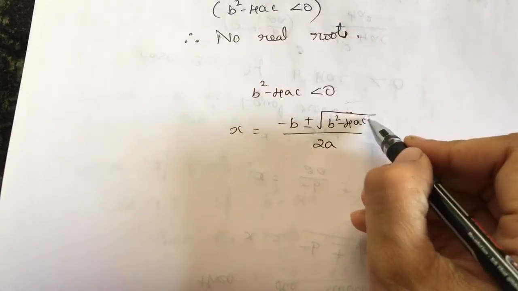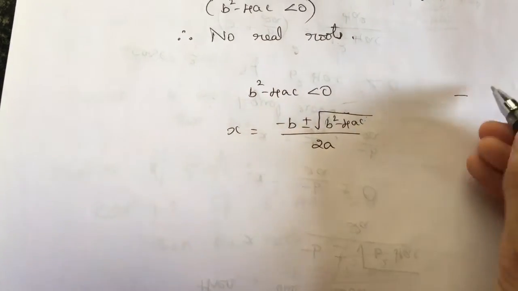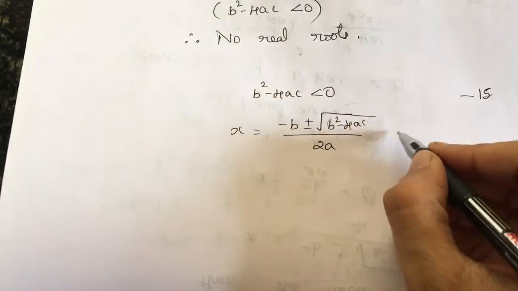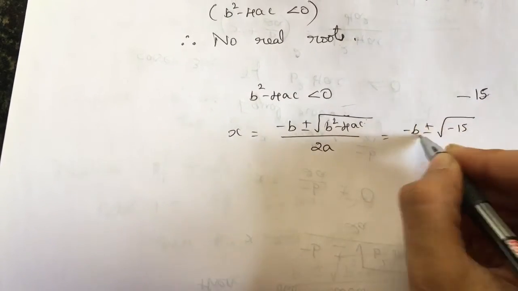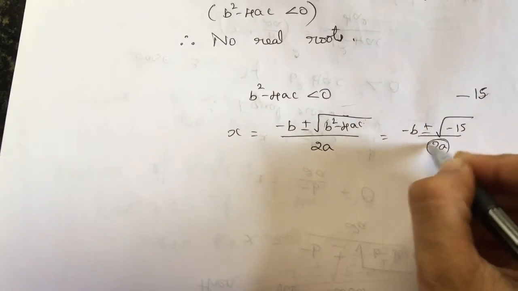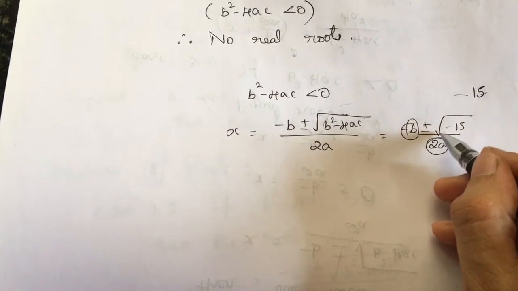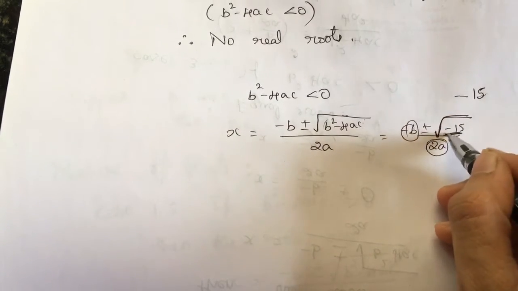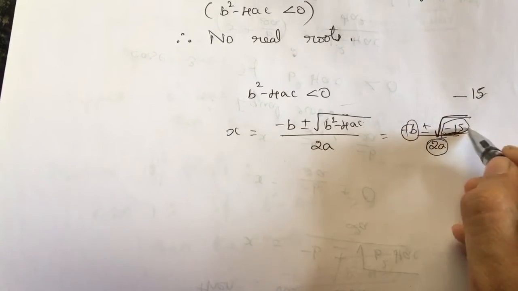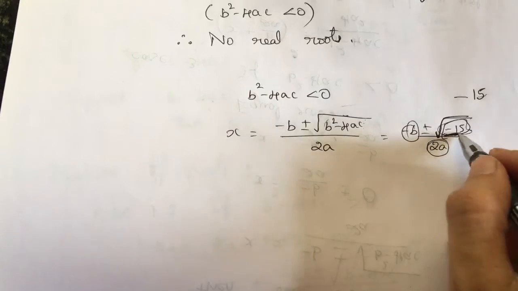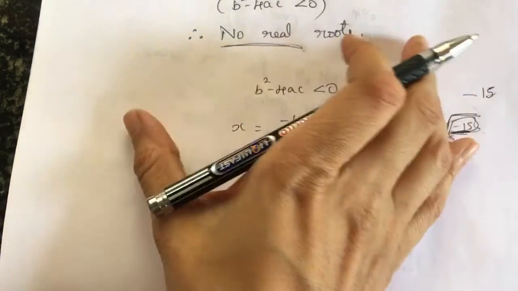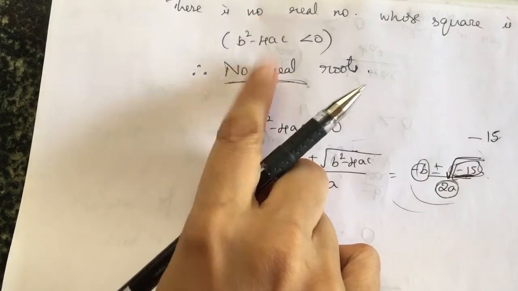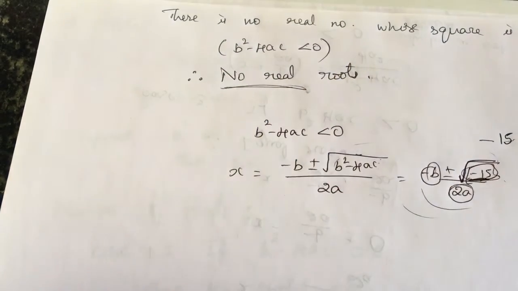Suppose this is negative, say minus 15. Then what happens? It's nothing but minus b plus or minus root of minus 15 by 2a. But we are getting a root of a negative number which you cannot define, which you cannot find in fact. So it's not a real number. Therefore we say no real roots if b square minus 4ac is negative.